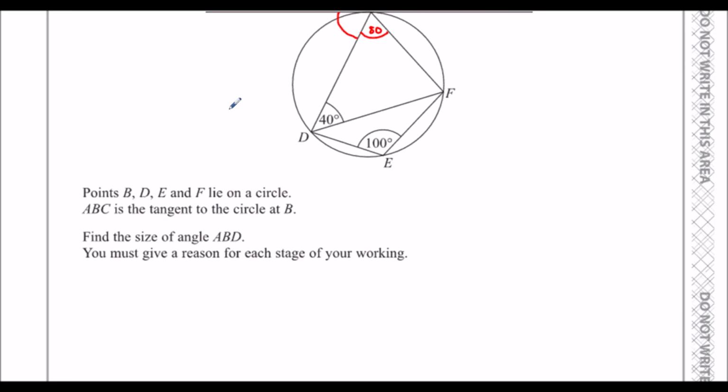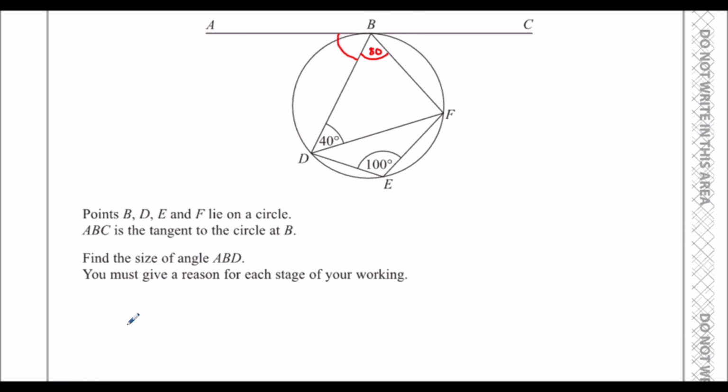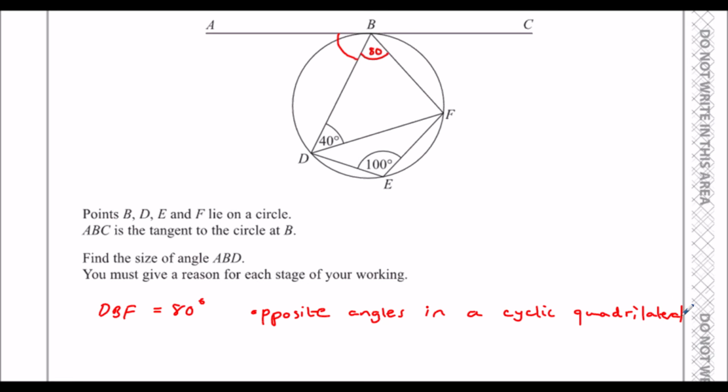So DBF is 80 degrees, and that's because opposite angles in a cyclic quadrilateral add to 180 degrees.